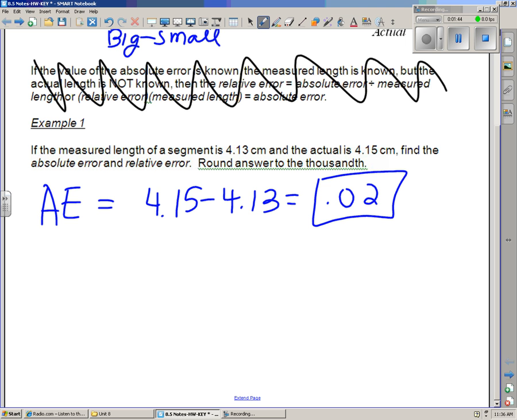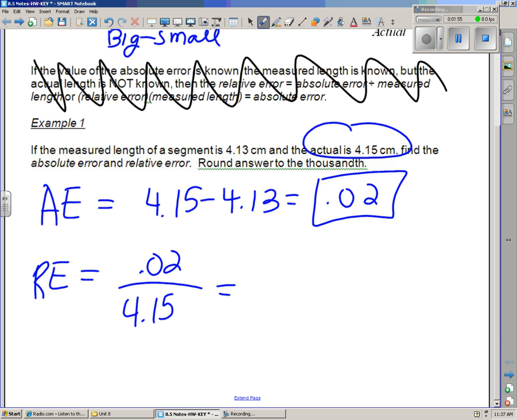When we find now the relative error, we're going to take the absolute error, the big minus small, and we're going to divide it by the actual. The actual happens to be 4.15. When you divide this out and you round this to the nearest thousandth, 3 decimal places, that's the answer that you get.